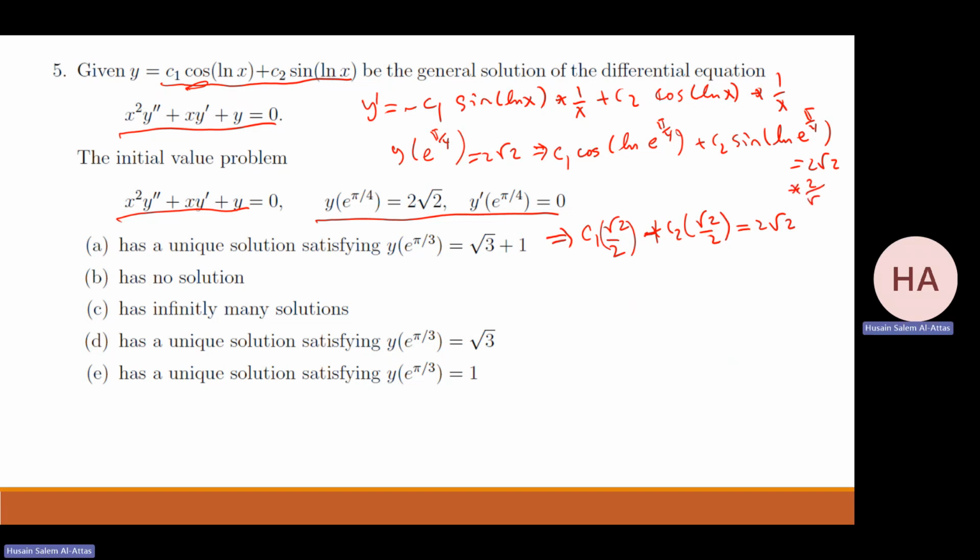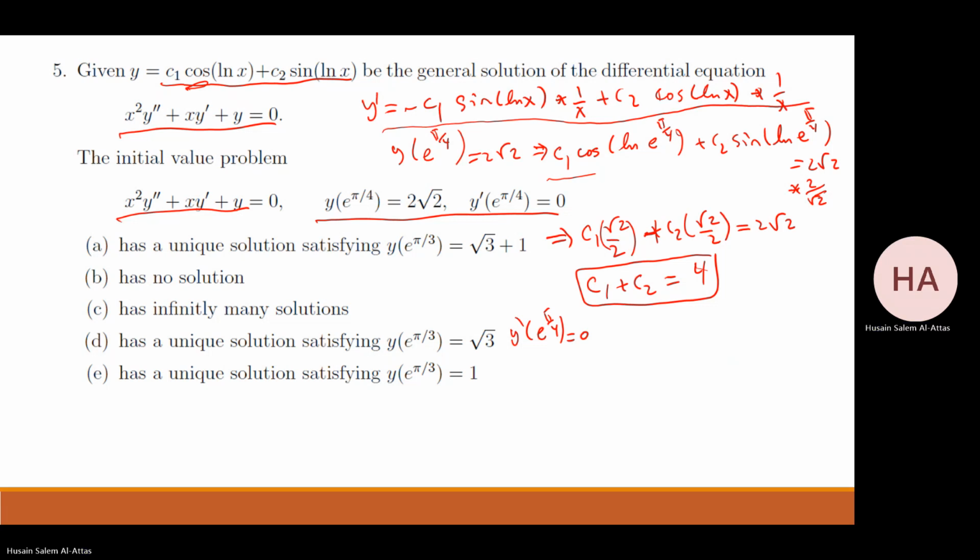Multiply by 2 over root 2 to cancel this. We have C1 plus C2 equals what? 2. That will be the first equation. Now we'll do the second one. y prime at e^(pi/4) is equal to 0. So I substitute there in this one.